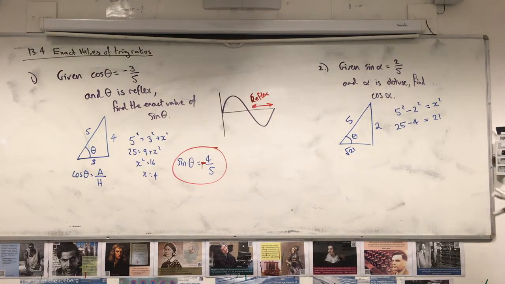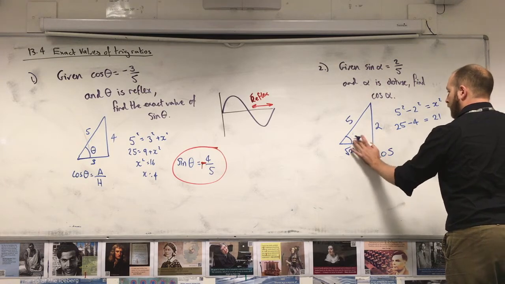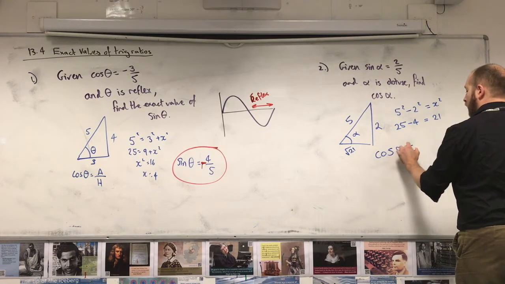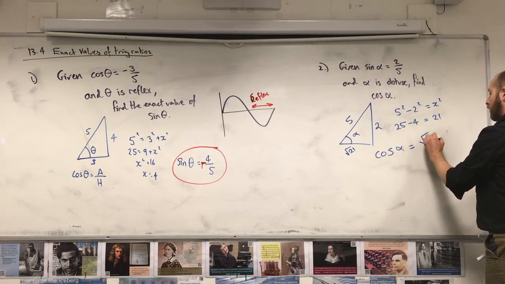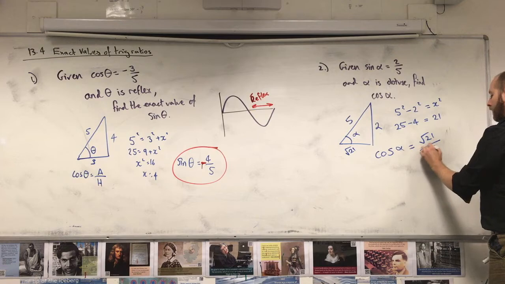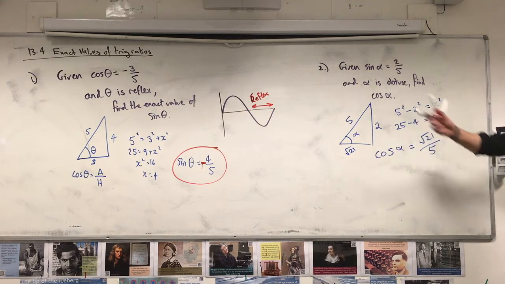So if I want to try and find cos of my angle, which should be alpha, it is going to be my adjacent root 21 over my hypotenuse 5. All I need to do is work out whether cos is positive or negative for an obtuse angle.